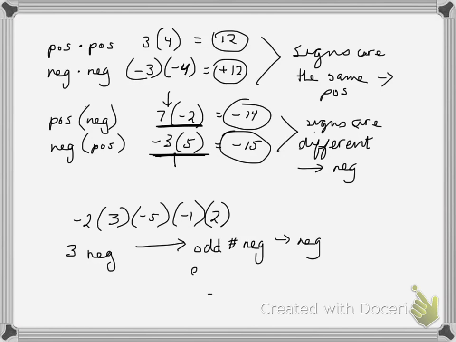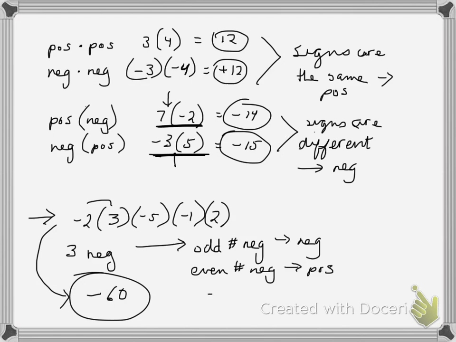An even number of negatives would make a positive answer. So when I get a lot of numbers being multiplied together like this, I like to count the number of negative signs, 1, 2, 3, and so my answer will be negative, and then I go back and multiply numbers. We got 6 times 5 is 30 times 2 is 60.